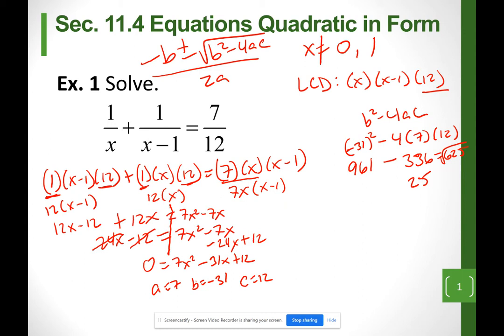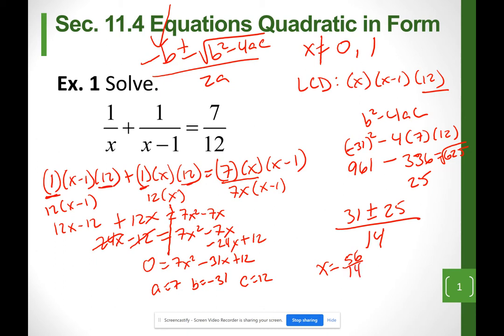Now I'm going to use the whole quadratic formula. Negative b. I know my b is negative, so negative of a negative gives me positive 31 plus or minus 25 over 2 times a, that's 14. All right, so my value of x could be, using the plus sign on the top of the fraction, let me use the plus sign first. 31 plus 25, that is 56 over 14.